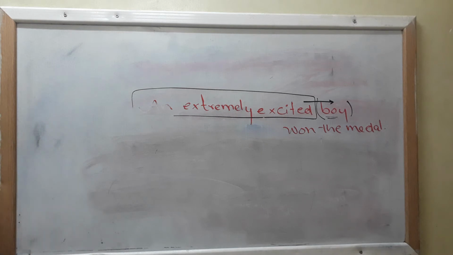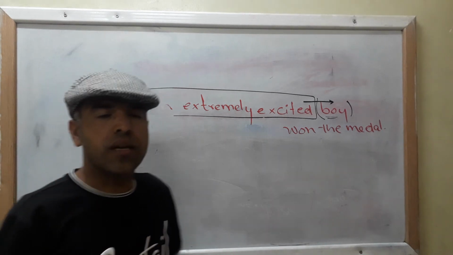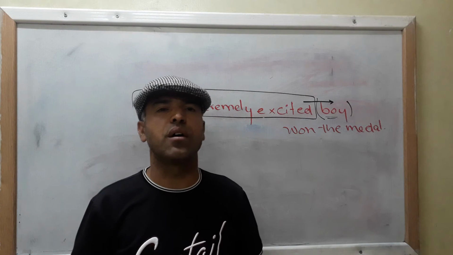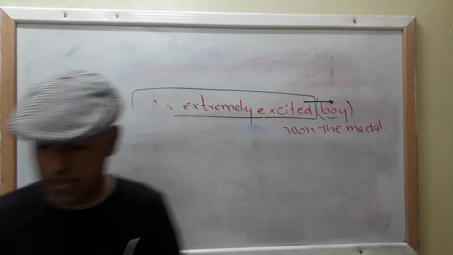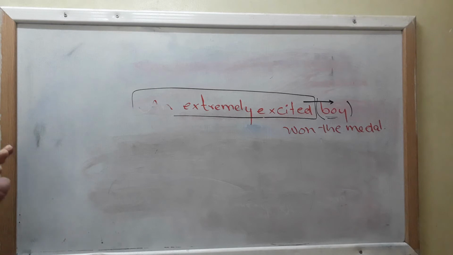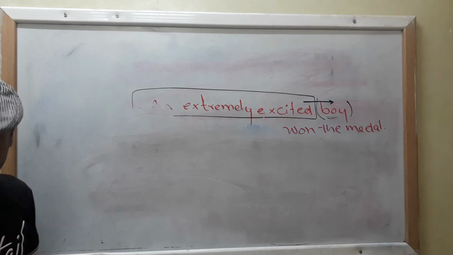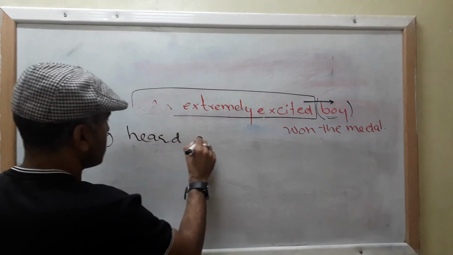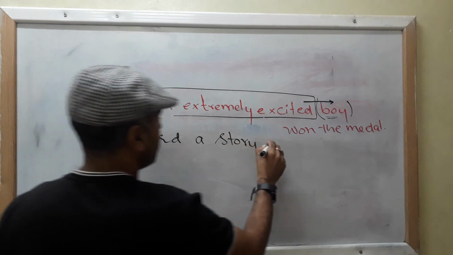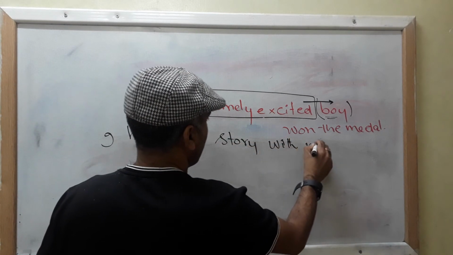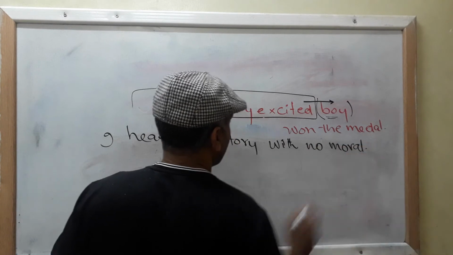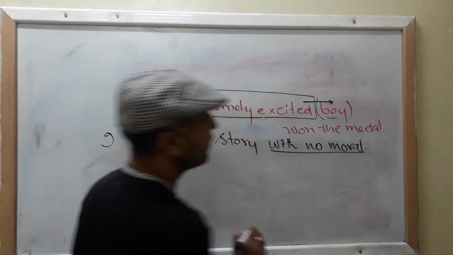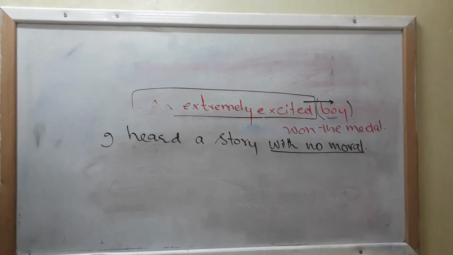Sometimes your adjective phrase starts with a preposition. Sometimes your adjective phrase starts with a participle. Sometimes your adjective phrase starts with an infinitive. Let me cite an example, one that doesn't contain an adjective. I heard a story with no moral. Now look, we don't find any adjective, but this is an adjective phrase.